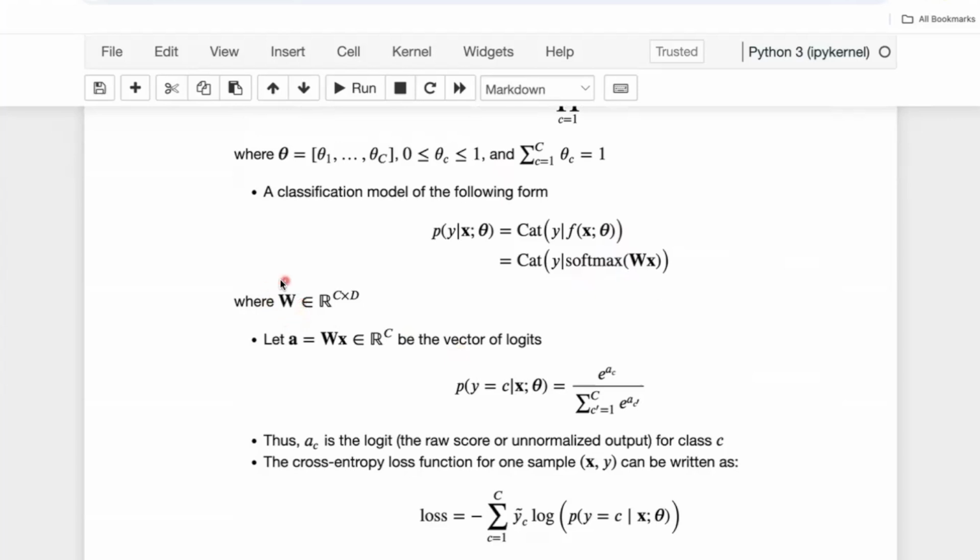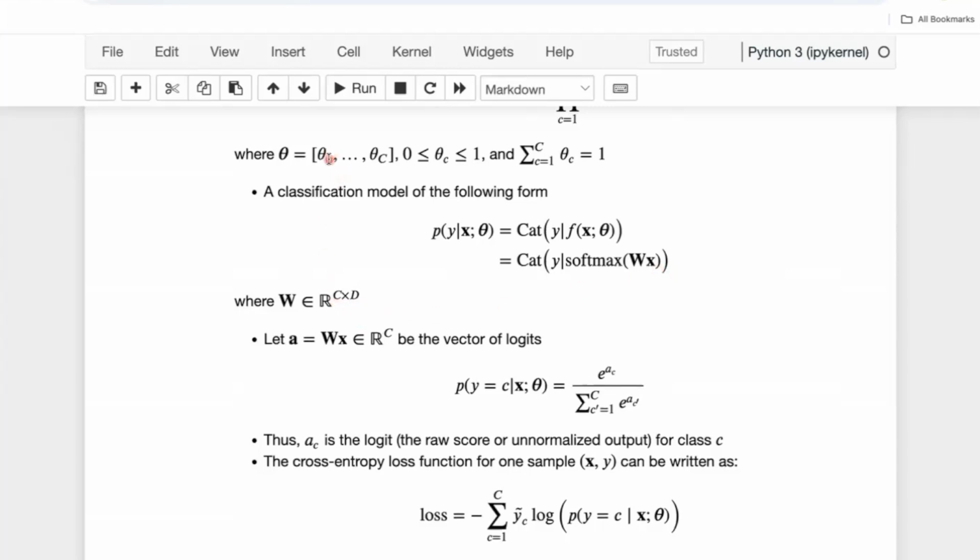Here, this w, the weights or unknowns that we have, is a matrix of size c by d, where c is the number of classes and d is the number of features. So we're going to first multiply this w by x. We can do this multiplication because x also has d elements. And if we do the multiplication, then we end up with a vector that has c elements.